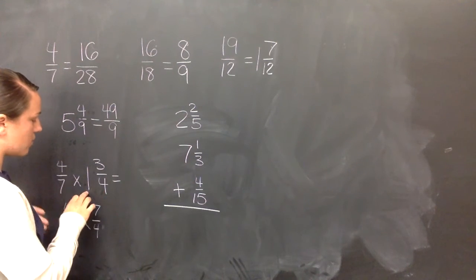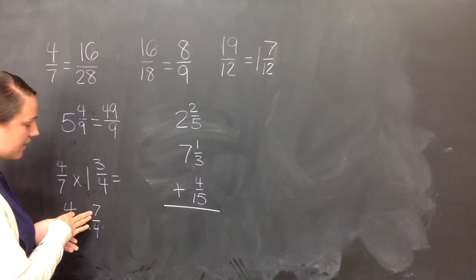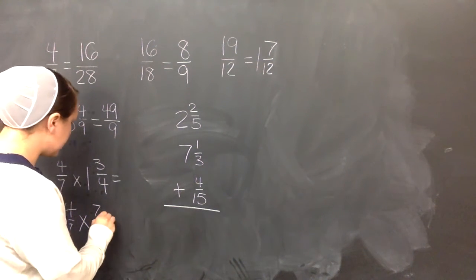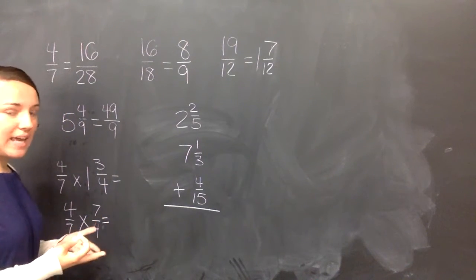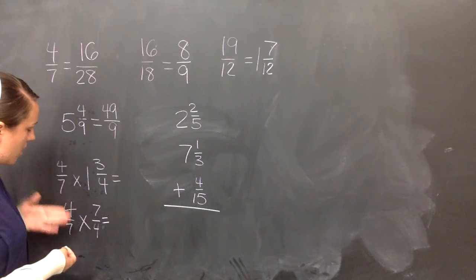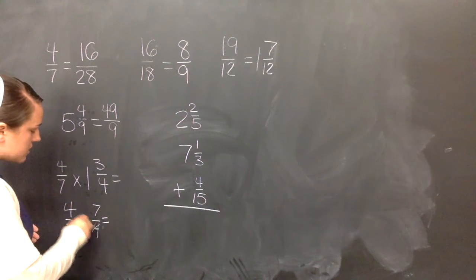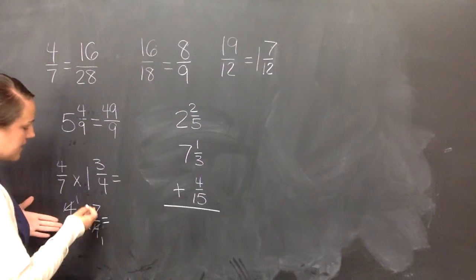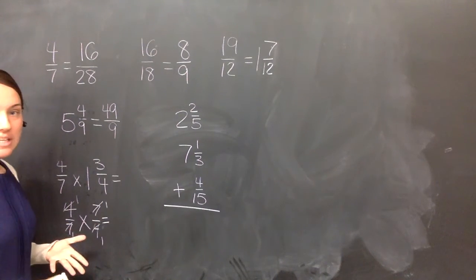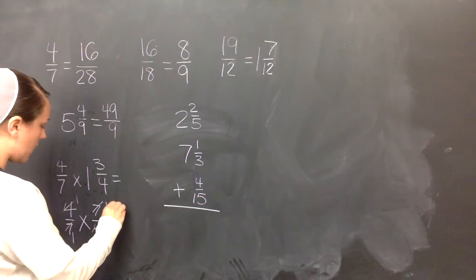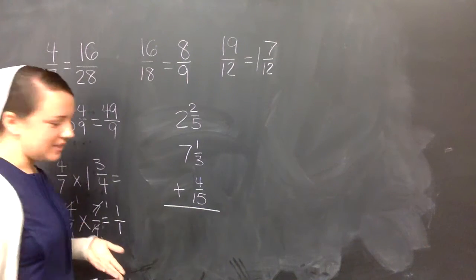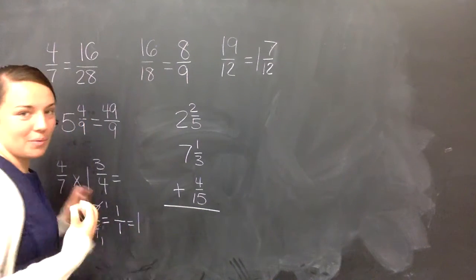We kept our denominator the same. And now we need to multiply, but first we can actually cancel. 4 and 4, we can cancel out. 4 goes into both of them one time. 7 and 7 we can cancel out. 7 goes into both of them one time. Now we're ready to multiply, so 1 times 1 is 1, and 1 times 1 is also 1. So 1 over 1 equals the whole number 1.